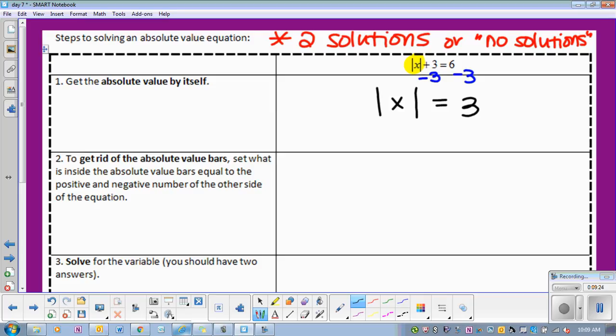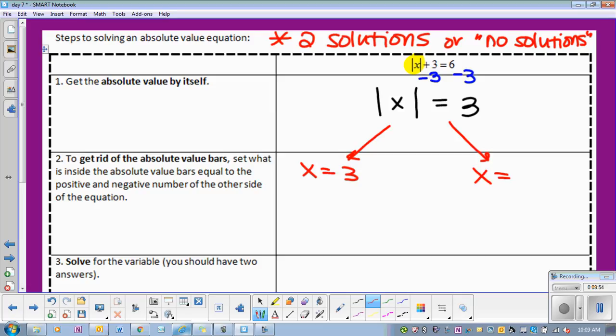So then now, when you get the absolute value bars all by itself, you're going to drop the bars and write it twice. The first one looks exactly the same, so it's going to be x equals 3. The second one, guys, whatever's inside the absolute value bars, you never change it.